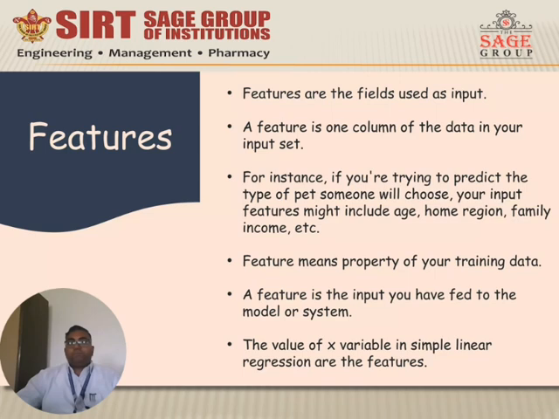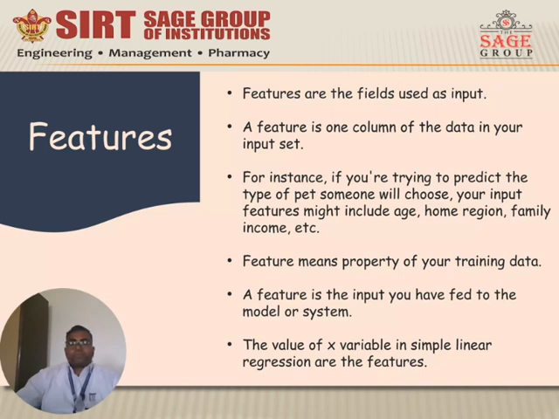For instance, if you're trying to predict what type of pet someone will choose, then your input might include age, home region, family income, etc. So these are some of the features in that particular data.